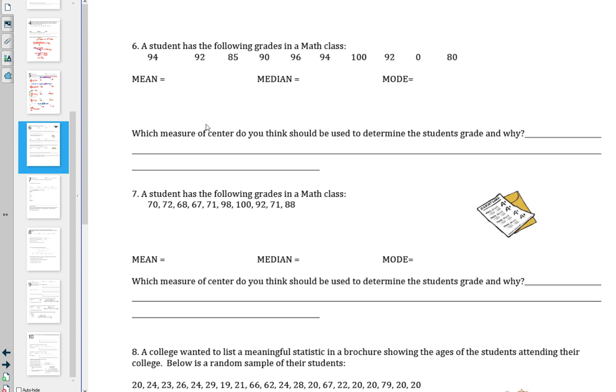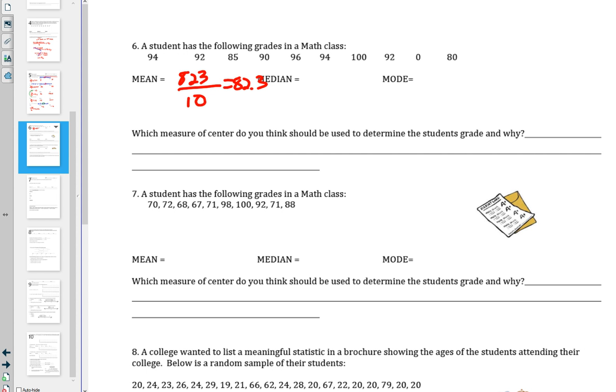Somebody add all those up, and then let's divide it by 10. What'd you get? 823. So when I divide that by 10, I get 82.3. They have an average of 82.3.